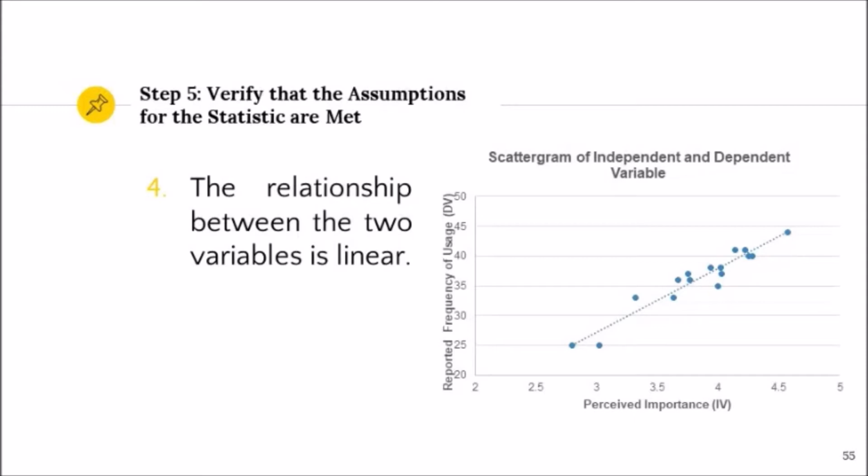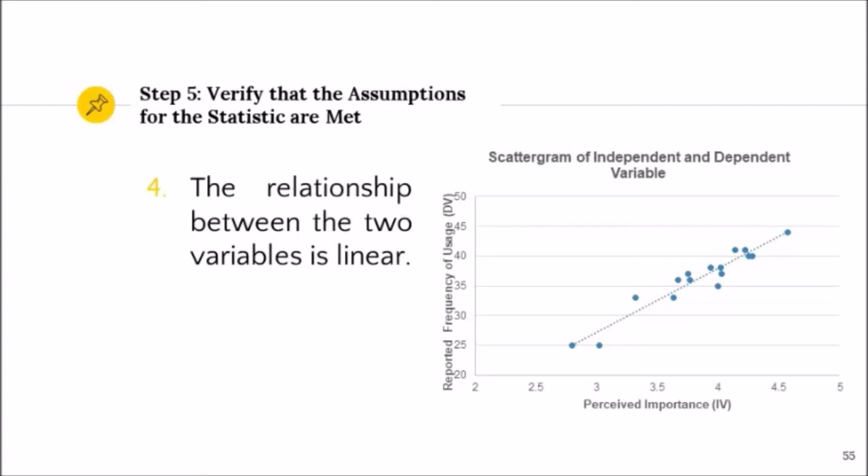The independent variable found on the x-axis is the perceived importance of teachers in a learning strategy. The reported frequency of usage, the dependent variable, sits on the y-axis. Their corresponding values were plotted to form a scattergram, thus forming a linear relationship and meeting the final assumption.